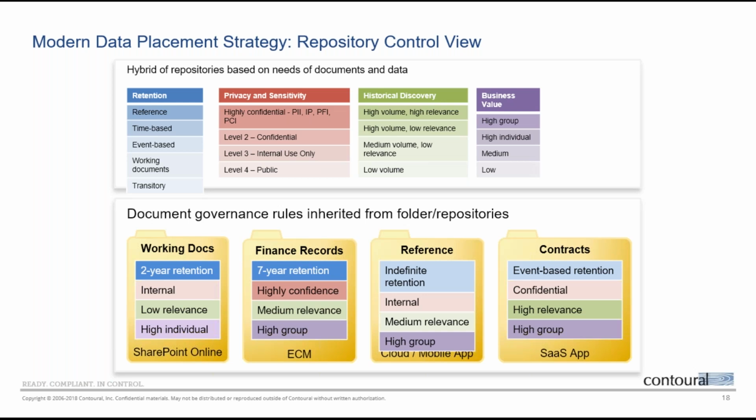So, the second half of this chart really starts to get into what that might look like. If I look at a working document scenario, I need it for a couple of years, maybe 3. It's probably not super sensitive if it's something that's internal. It doesn't have a whole lot of relevance from an e-discovery perspective because it's not a final work product.